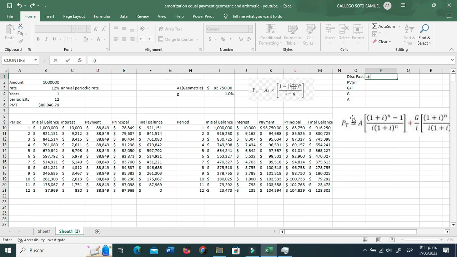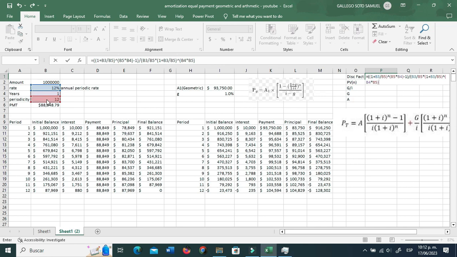Okay, so open parenthesis 1 plus the interest rate divided by the periodicity, to the years times periodicity, minus 1, close the parenthesis here, divided by, open parenthesis, the rate divided by the periodicity times 1 plus rate divided by periodicity to the years times periodicity.